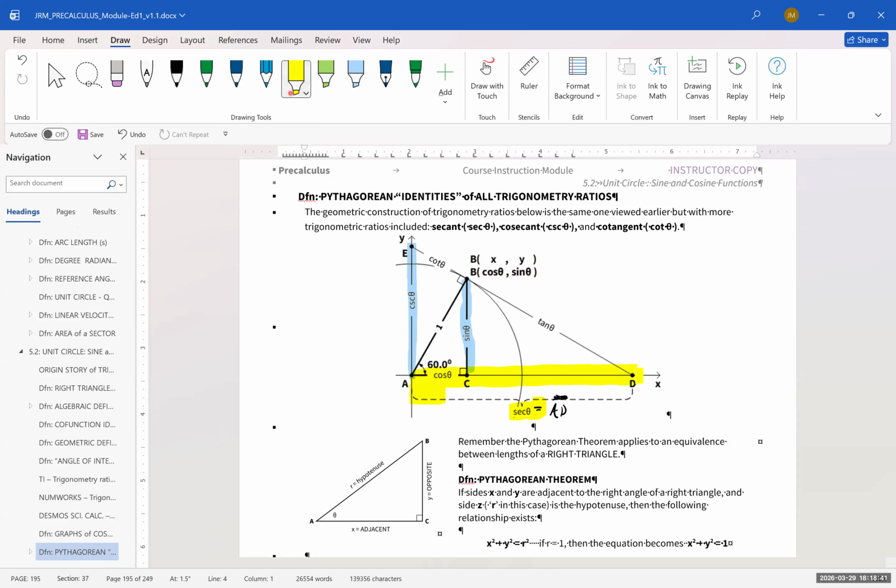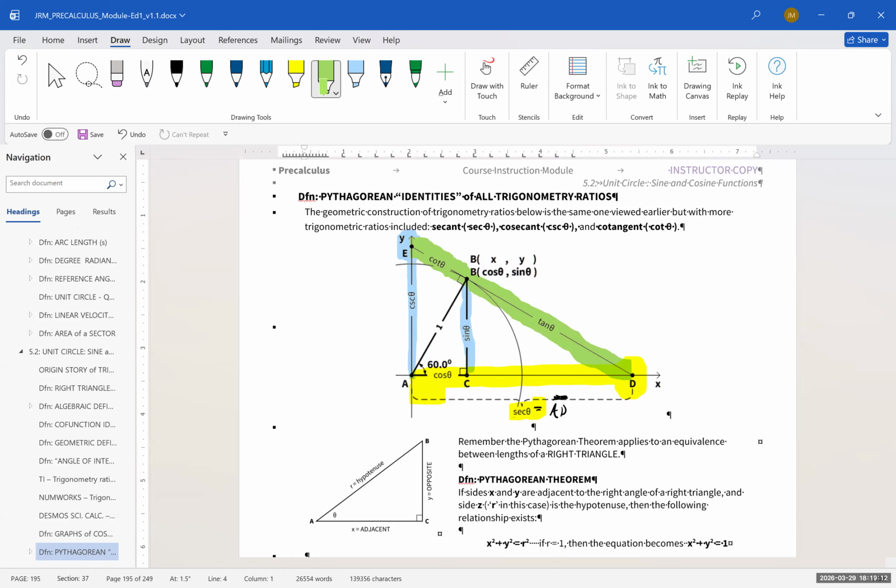The termination of secant is where that tangent line intersects the x-axis, and the termination for cosecant is where that tangent line intersects the y-axis. And the length of this segment is tangent theta, and the reciprocal is the other part of the tangent line. That's the cotangent.